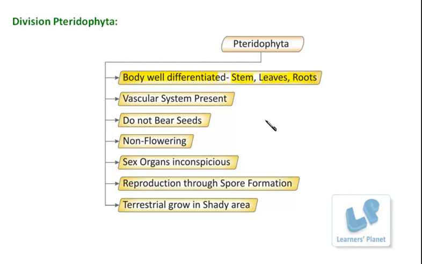Over there, the stem is not very well developed, although it is present in the form of a thallus or stalk-like structure, right? And leaves are present, roots are just hair-like structures, right? And in pteridophyta, all these parts are quite well developed.